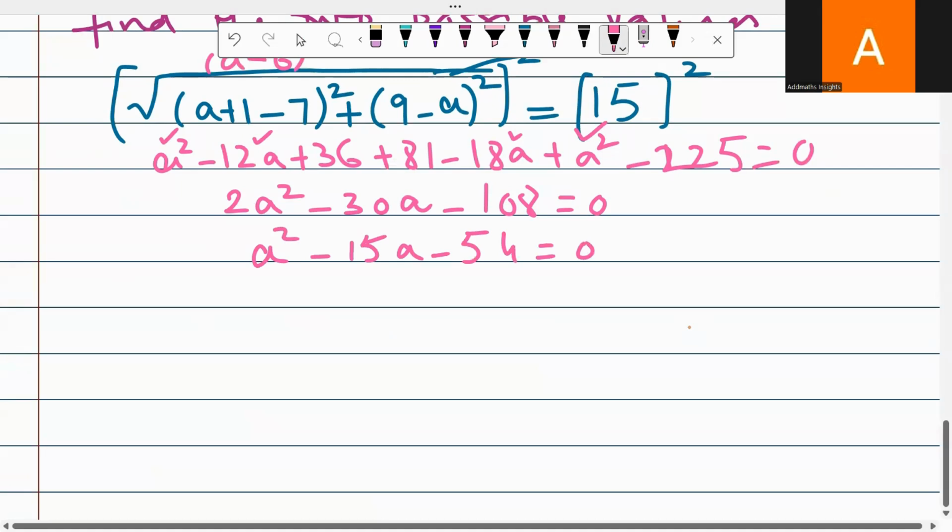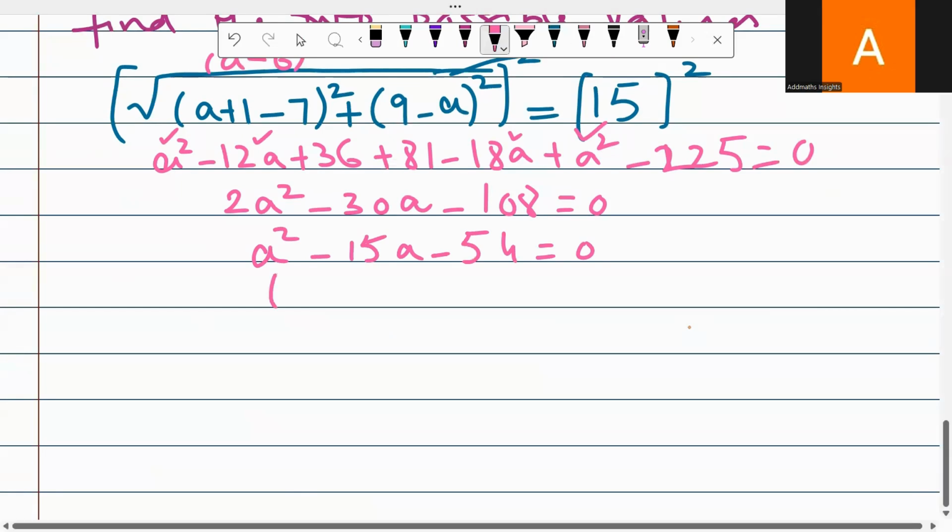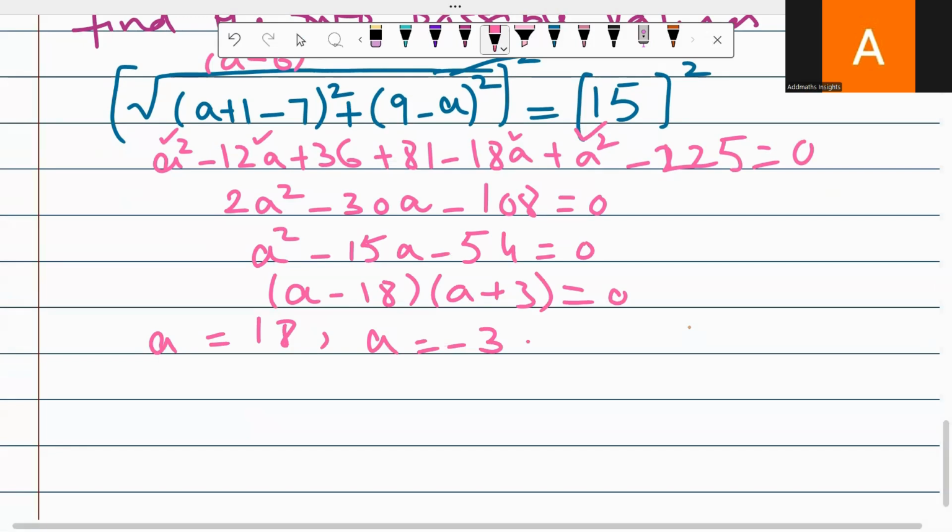Now you can apply factorization, and you will write here a minus 18 into a plus 3 is 0. Now we have two values of a: a is 18 and a is minus 3. So this is the application of the distance formula to find the unknown values.